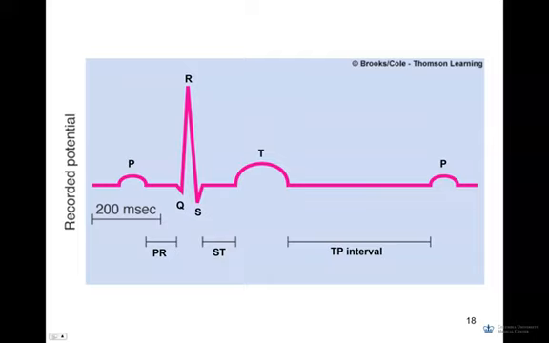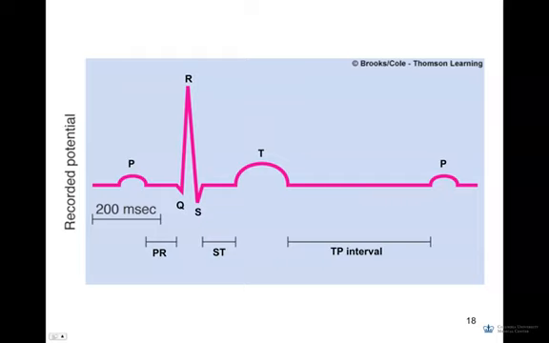Again we have a period of no activity, and then a larger upward deflection called a T wave. After the T wave we have a longer period of no activity, and then another P wave. So PQRST, this whole period of activity, represents a single heartbeat.